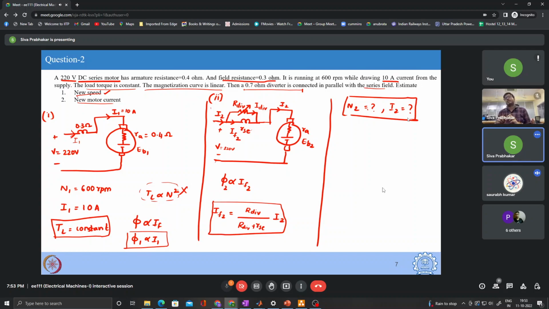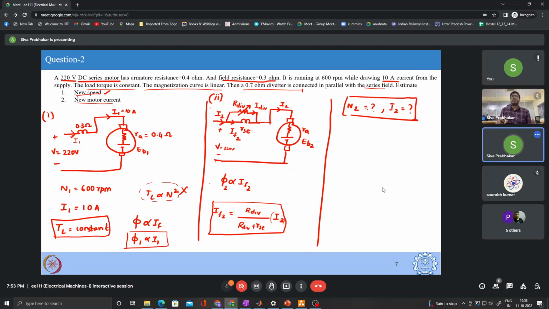Yes, because as per the current division rule, the current through this path will be the opposite resistance divided by the sum of these two resistances, into the injected current. You can apply the KCL rule and get this particular equation. This is the current division.